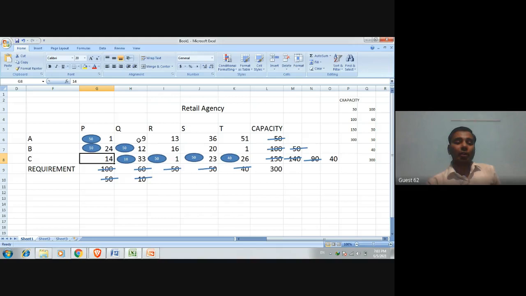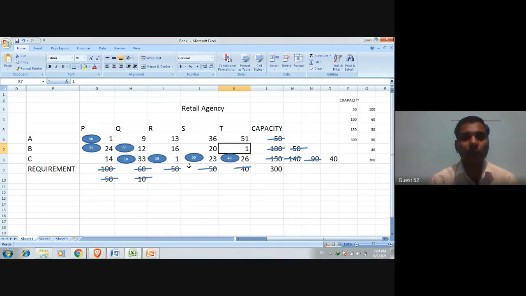It means the cost associated with the cells that are not allocated, meaning 9, 3, 36, 51, 16, 21, is 0. So the transportation cost in these cells is 0. So there is no need to calculate with these cells or these costs. We have to calculate only those values which are allocated in the cells.